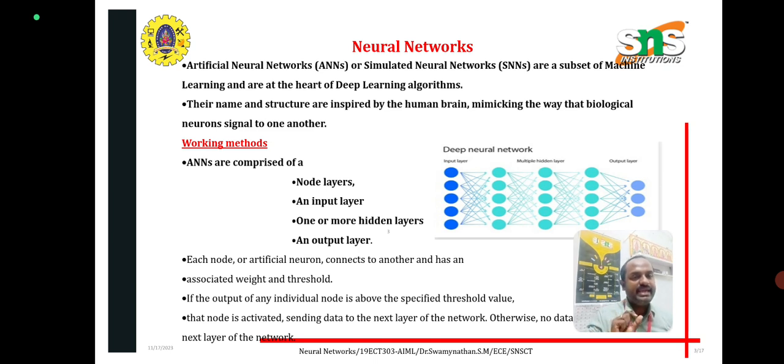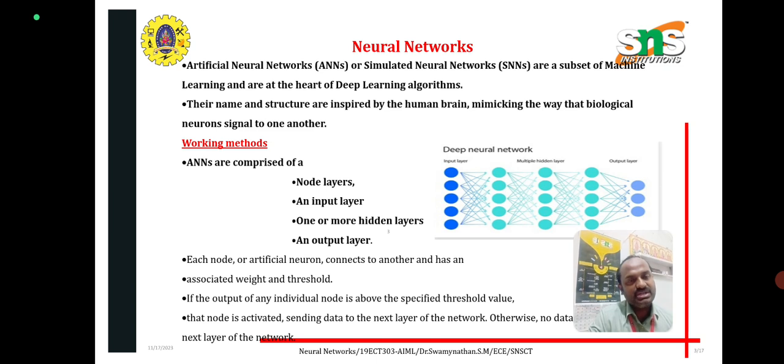The hidden layer stimulates the neighboring layer based on the threshold value. The threshold value is a reference value used to stimulate other nodes. They fix some threshold value to stimulate the neighboring node, and based on the neighboring node, it stimulates the signal into the output layer.